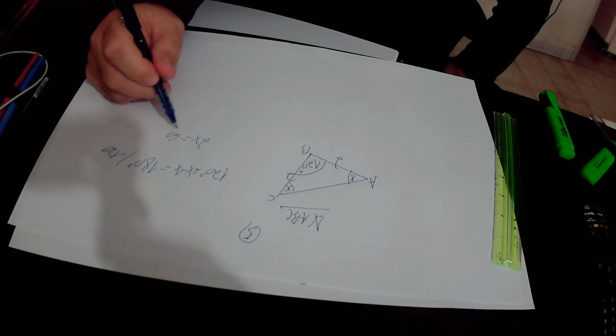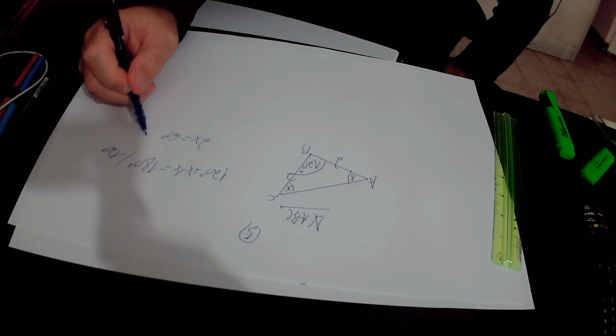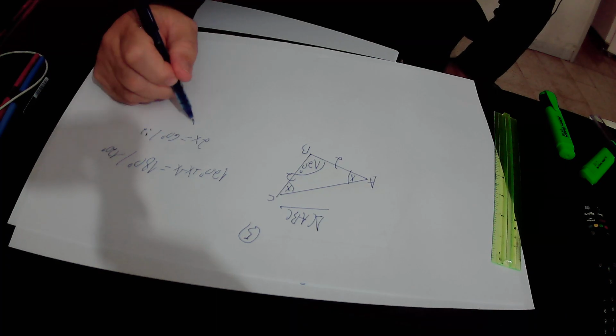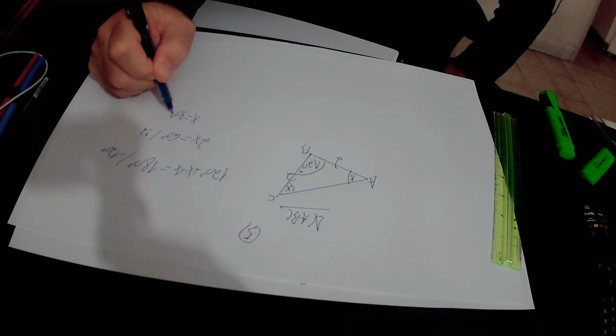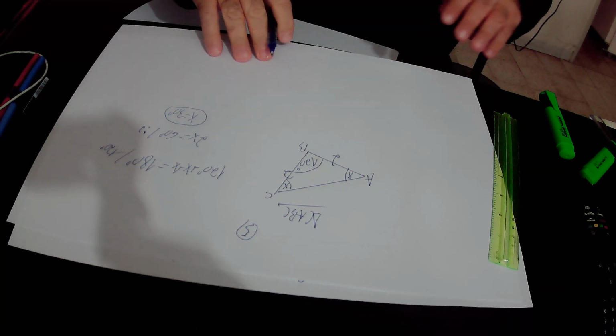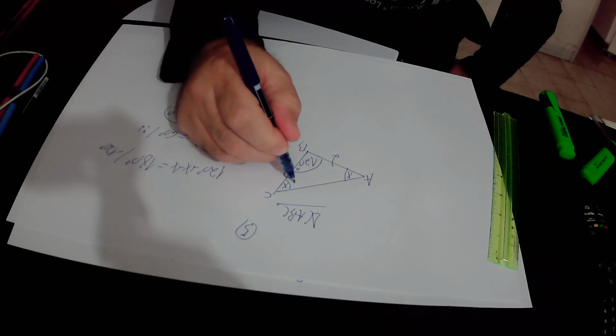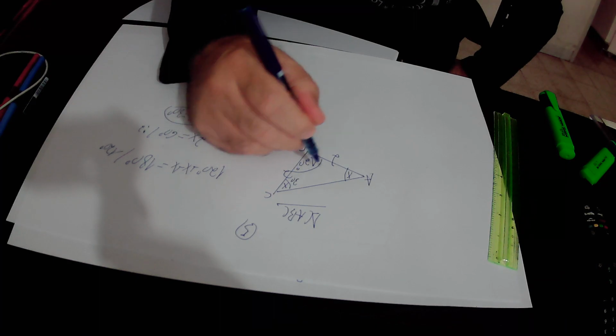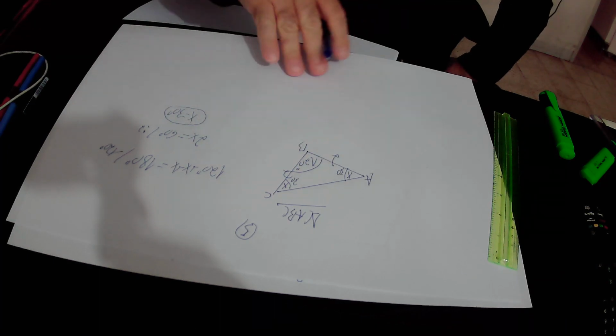So 2x equals 60 degrees. We divide this equation by 2, and we get that x equals 30 degrees. So this angle equals 30 degrees, and this angle also equals 30 degrees.